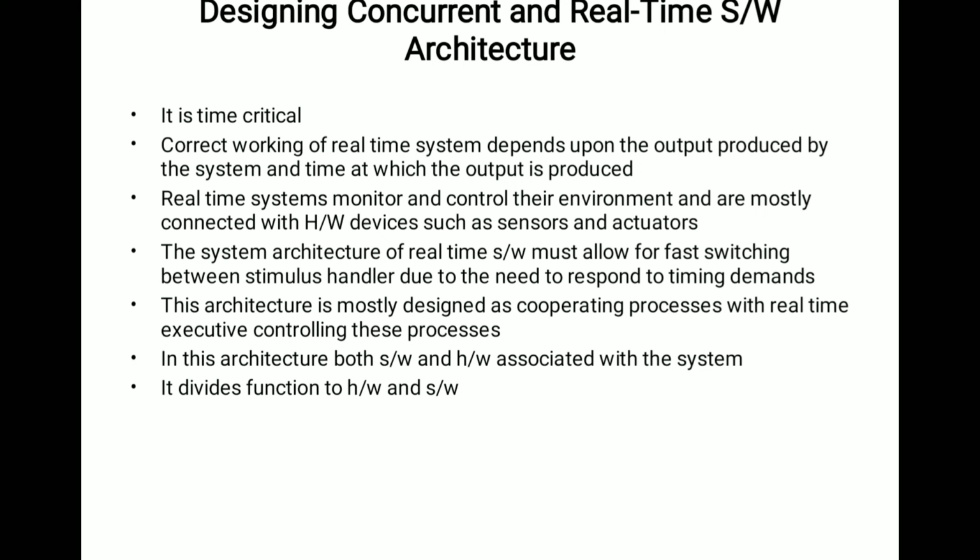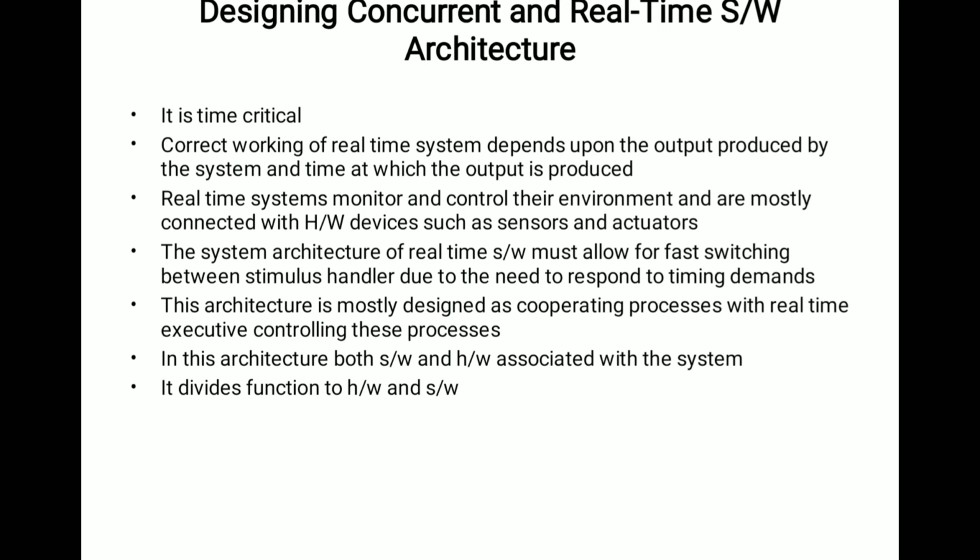Real-time systems monitor and control their environment and are mostly connected with hardware devices such as sensors and actuators. The system architecture of real-time software must allow for fast switching between stimulus handlers due to the need to respond to timing demands.